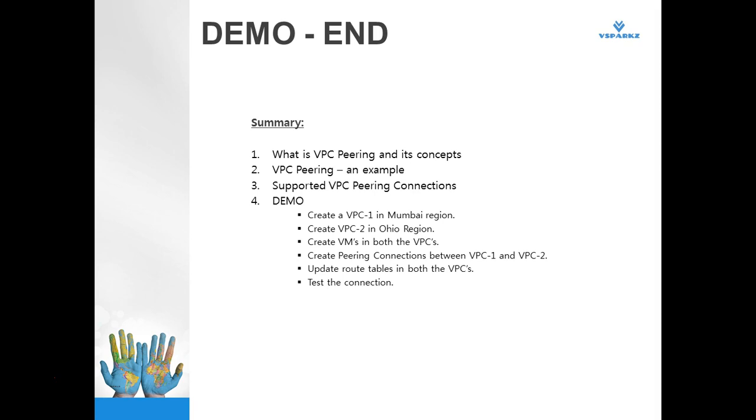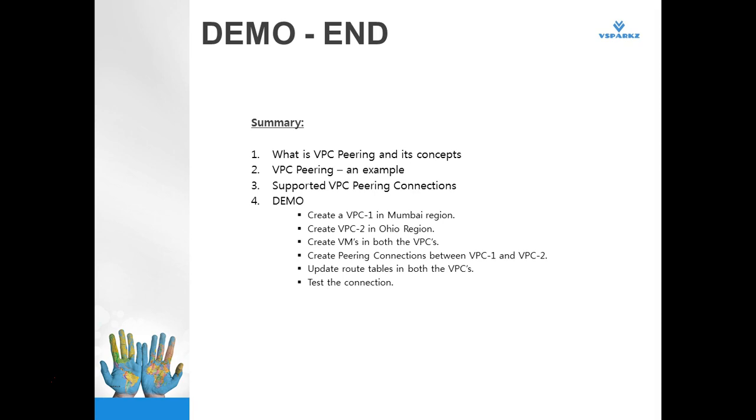This is the end of this demo, and here is the summary. We have seen what VPC peering is and its concepts, and we have seen VPC peering with an example architecture at first, and we have seen the supported VPC peering connections, and we have seen a demo. In this demo, we created VPC 1 in Mumbai and VPC 2 in the Ohio region.